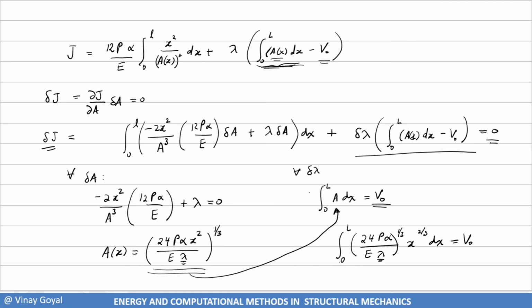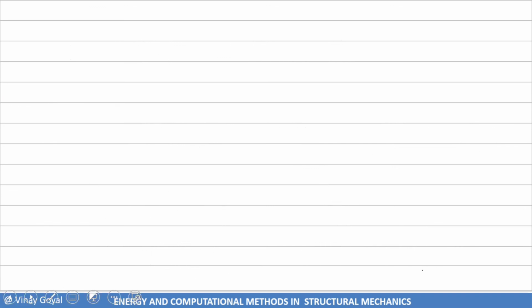So when you do that, you're going to find that a of x is going to be a constant times x to the 2/3, which is extremely amazing. It's telling us that for me to minimize that deflection, the cross section has to look like something like this. And it's going to go to a point, basically.